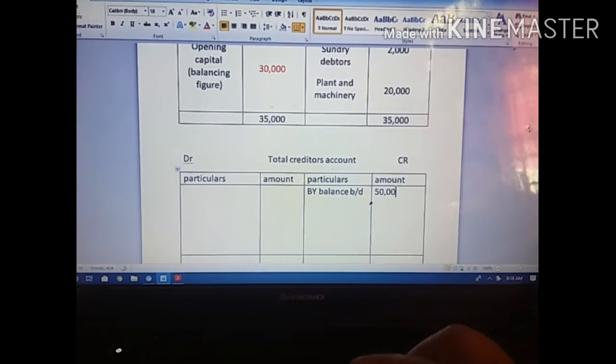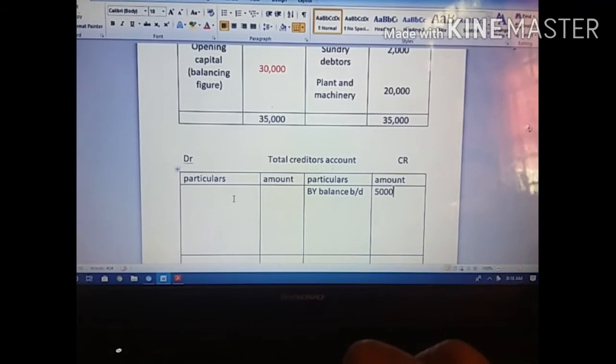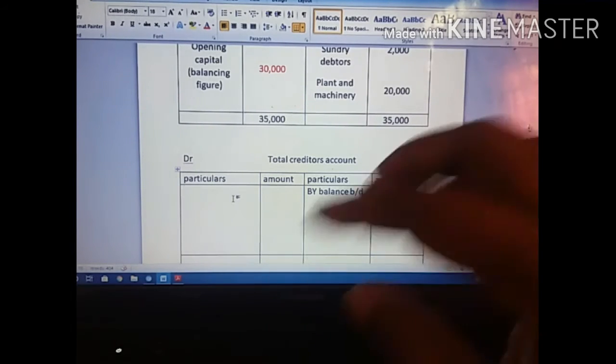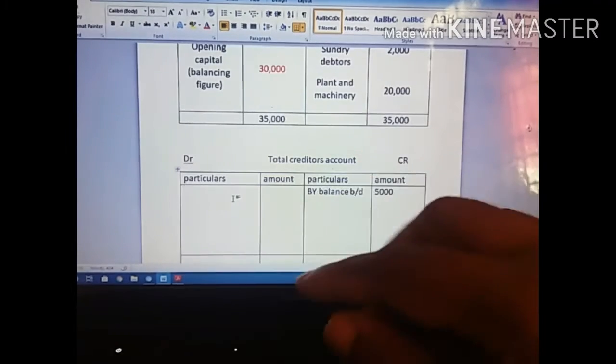So opening balance 5000. Then there is no item in the credit side. All the items we are going to enter in the debit side.